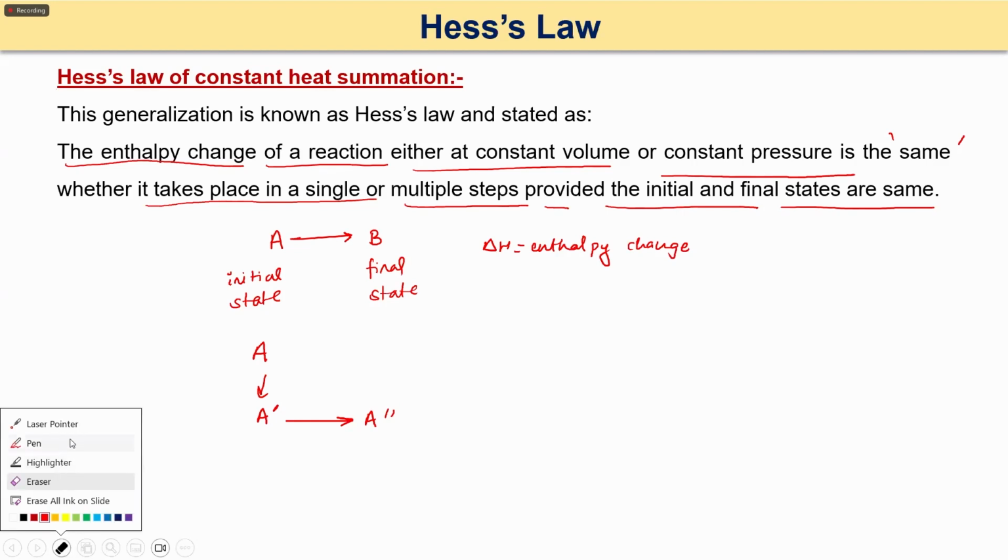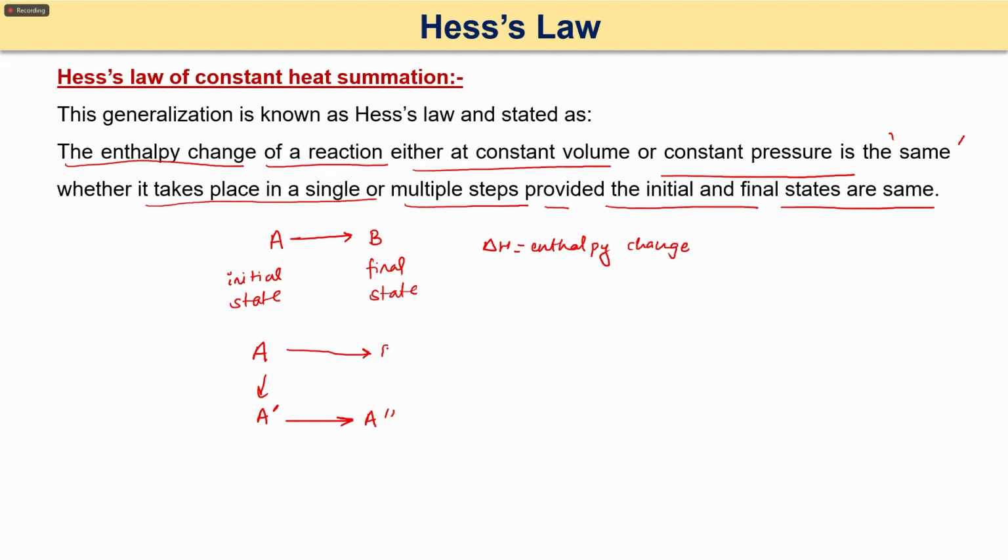What is happening over here? Instead of directly going from A to B, here A is going through many steps. A first changes to A dash, in the second process it changes from A dash to A double dash, and finally it forms B. This is the initial state and this is the final state.